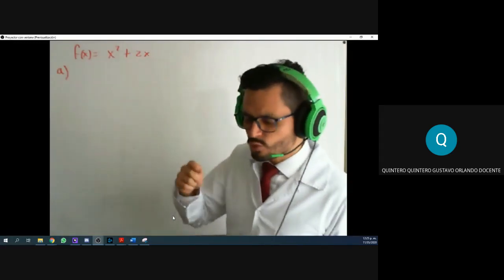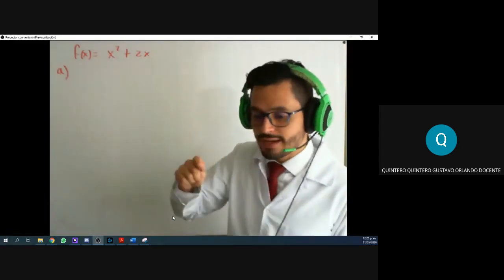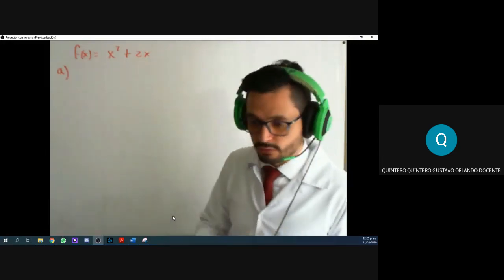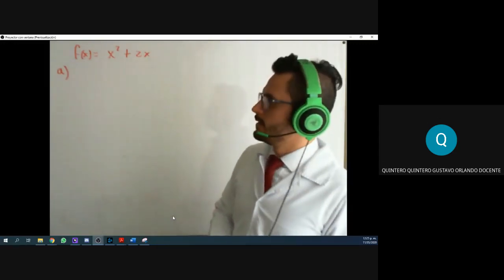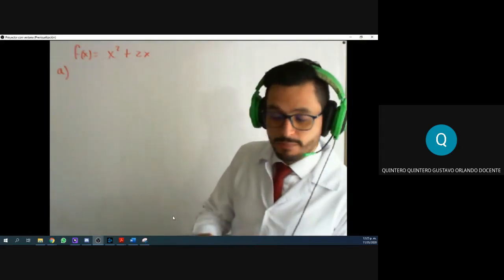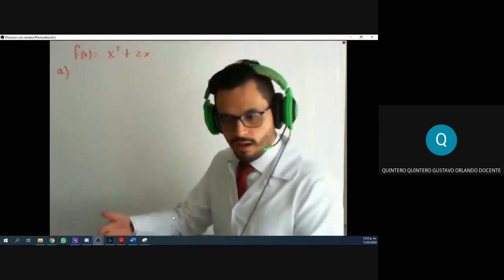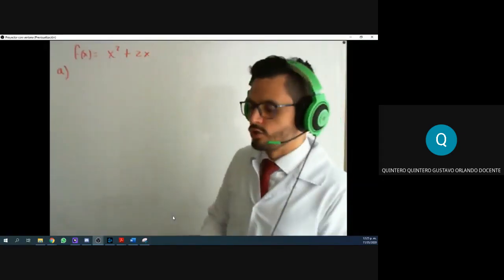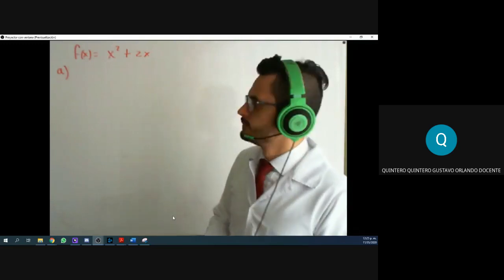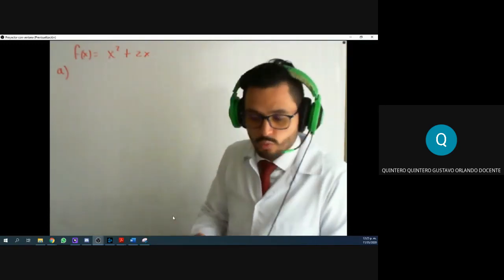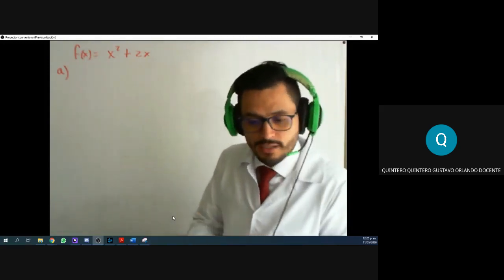For us to be able to graph this, we'll have to be extremely perfect with our writing, with our hand and our drawing, and that would be difficult. I feel like the only possibility for a graph to be perfect is using software, like the one you just saw, or any type of calculator. But if we want to do it by hand, then we are going to have difficulties because we are humans.